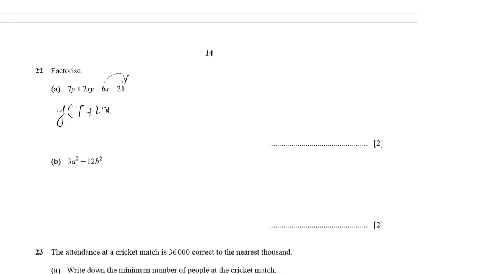So I am rearranging them, writing minus 21 minus 6x, and your factorization over here would be just 3, actually minus 3 would be taken common. Whenever there is a negative sign before the bracket, your sign inside the bracket will definitely change. So 7 plus 2x. So my final answer would be 7 plus 2x and y minus 3.